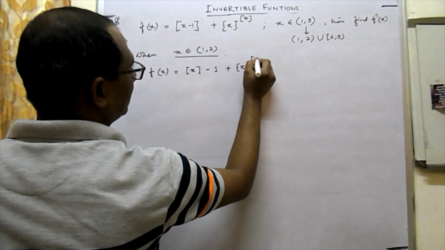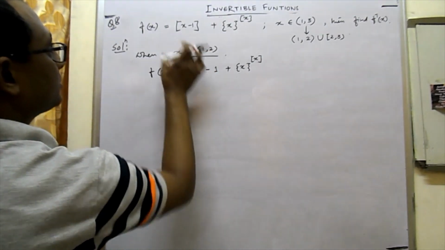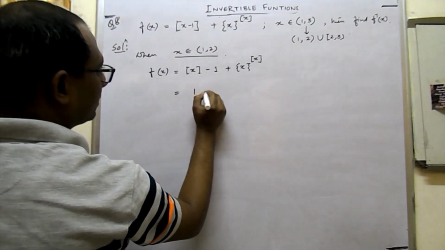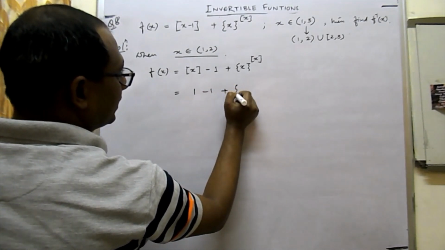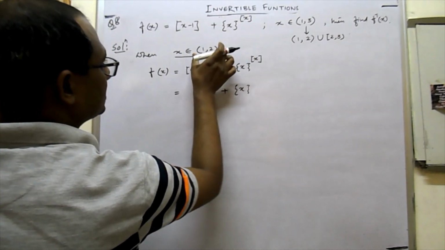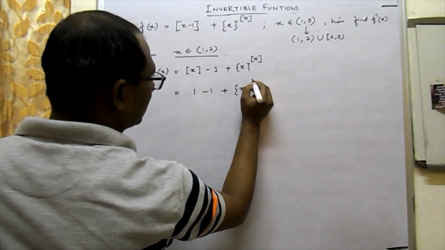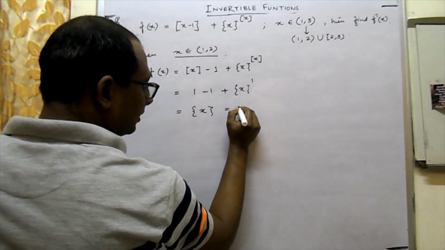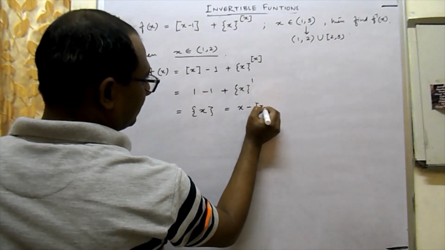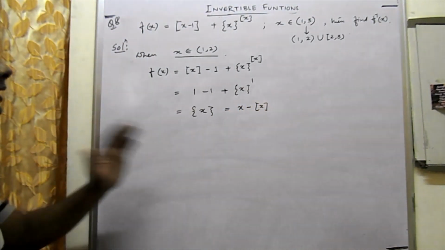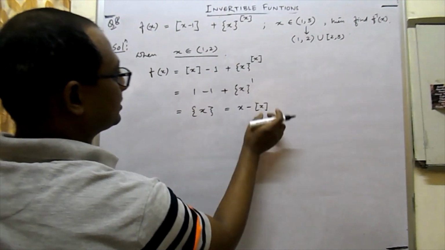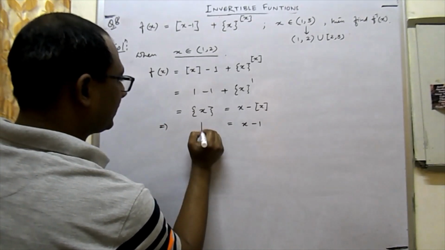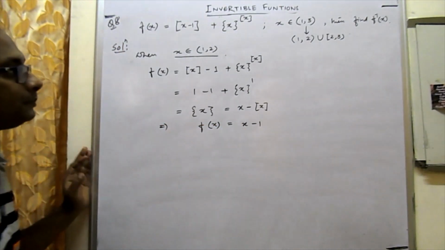We have used the property now. The greatest integer function value in this interval is 1, so 1 minus 1 plus fractional part of x. So ultimately we'll get fractional part of x, which I call x minus [x]. Again, [x] in this interval is nothing but 1. So ultimately I have got f(x) equal to x minus 1.